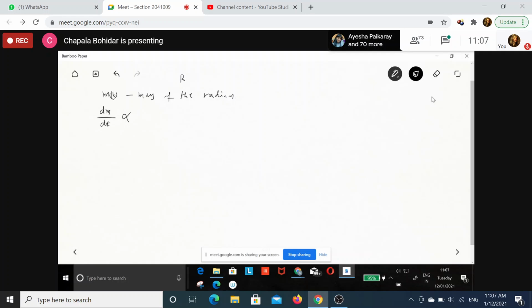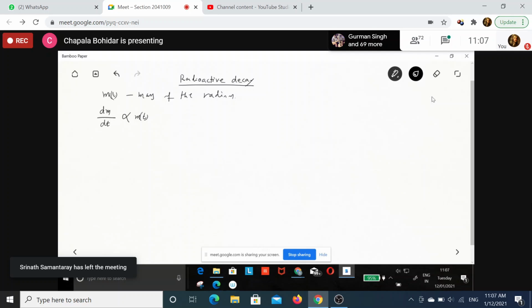Okay, ma'am. Radioactive decay. Like cooling, here the value of k is negative because it is decay, it is decreasing, proportional to M(t).